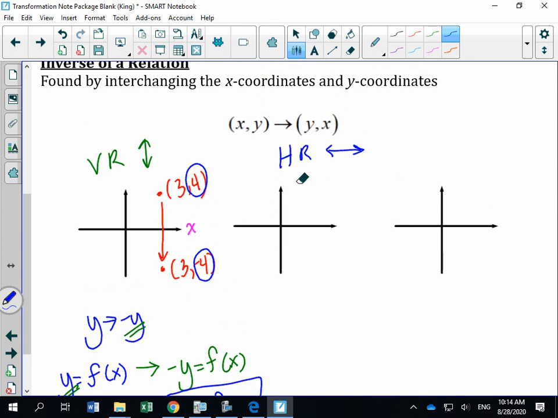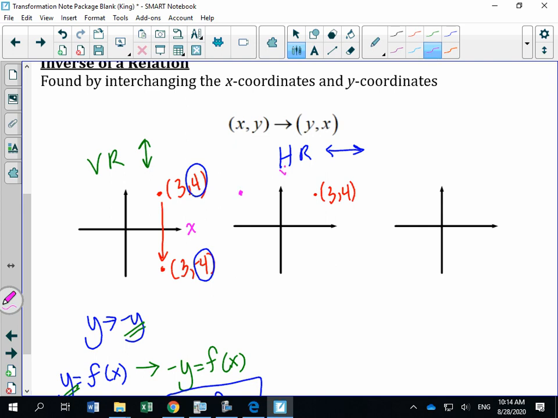The second type of reflection we did was a horizontal reflection. So if I take that same coordinate, (3, 4), and I say, okay, have this point undergo a horizontal reflection. Horizontal means a left-right move, so that point would bounce over here.